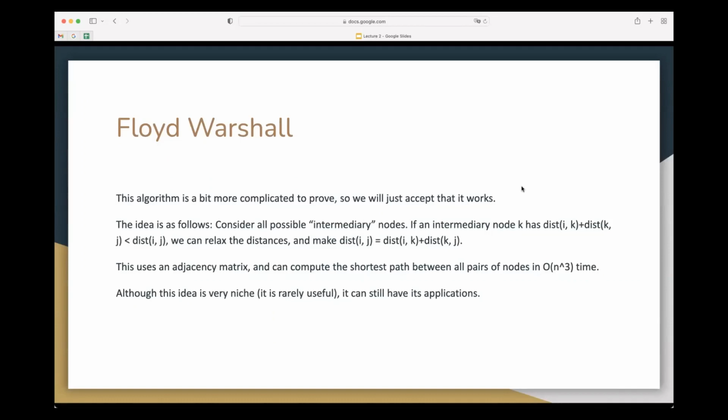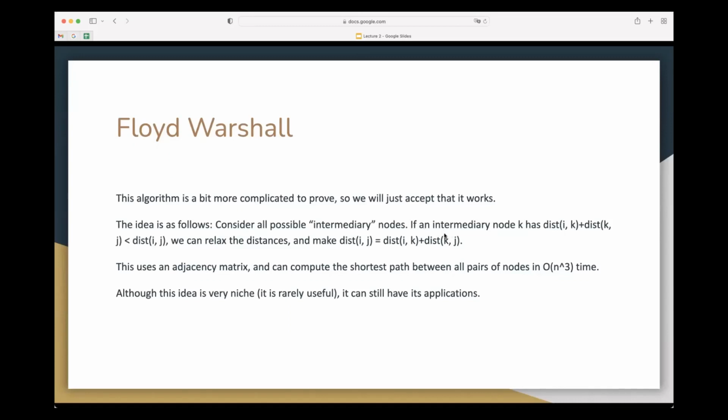So we're first iterating through all of the intermediary nodes, and then at each intermediary node we relax essentially based on if the partial paths are better than the path we already have, then we update the path we already have to the sum of the partial paths.